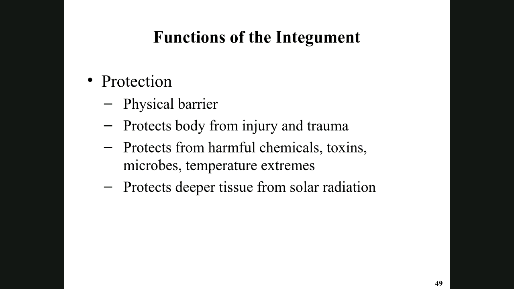The skin also protects deeper tissue from solar radiation, specifically UV radiation. When exposed to the sun, the melanocytes become more active and they can produce more melanin, so they can give the skin a tanned look. Even when you get a sunburn, the deeper tissue remains unaffected. Only your skin changes its color.